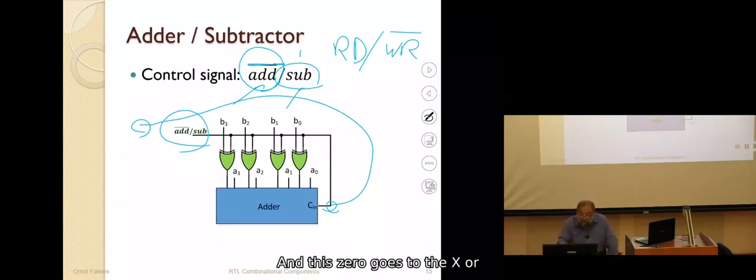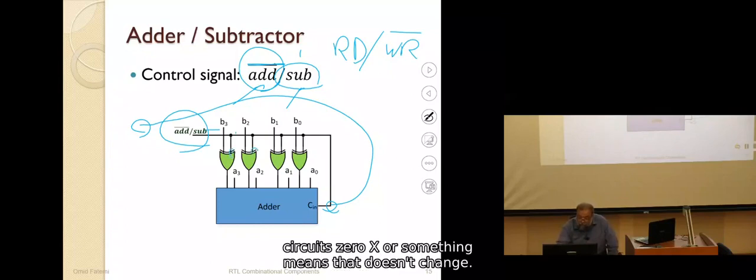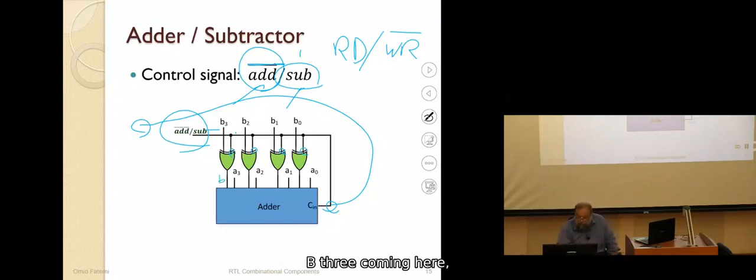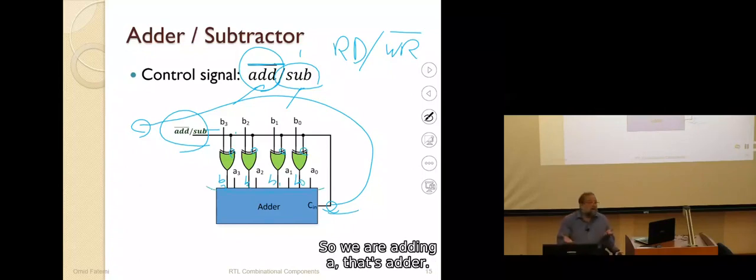And this 0 goes to these XOR circuits. You know, 0 XOR something means that thing doesn't change. So B3 coming here, B2 coming here, B1 coming here, B0 coming here, and carry is 0, so we are adding A to B. That's adder.